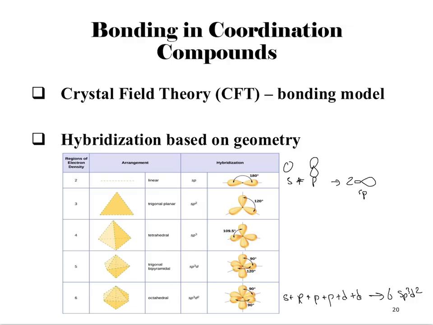Right, so it's saying you're adding all of these together to form 6 of these sp3d2 orbitals, which is why octahedral structures have 6 binding partners, right? Each one of those is one of these hybrid orbitals, right? The distorted orbitals. And crystal field theory is really aimed at understanding, how do these distortions actually affect the energy levels of the central atom.